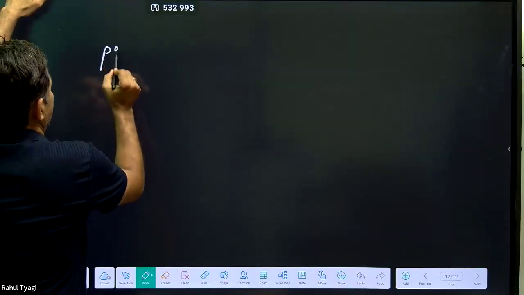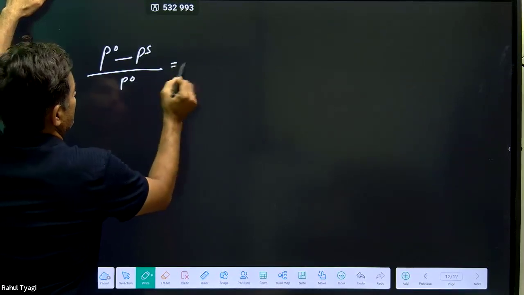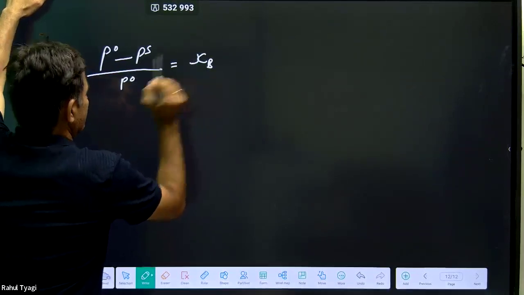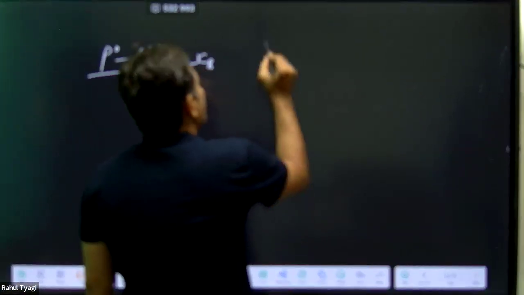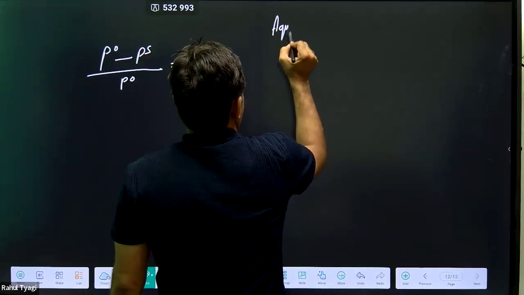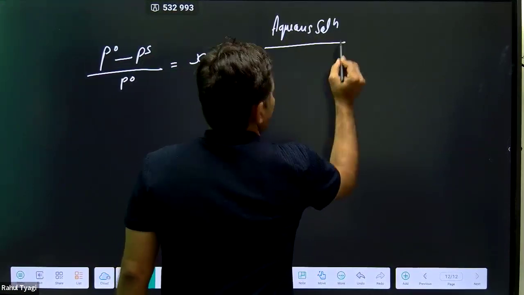First, P naught minus Ps divided by P naught is equal to mole fraction of solute. They will say an aqueous solution.